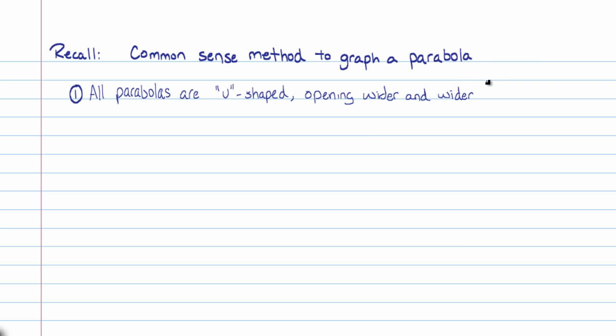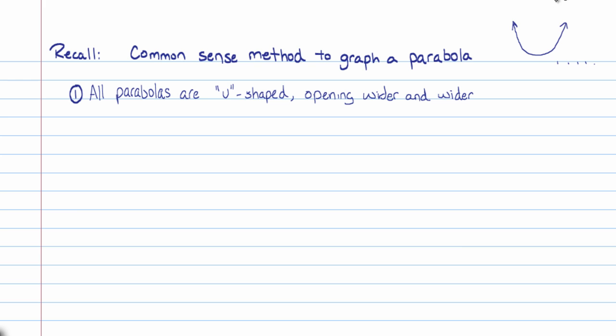The first thing about this common sense approach is just to note that all parabolas are U-shaped and they open wider and wider as time goes on. In other words, you have some parabolas that look like this, and as we keep moving to the right, this parabola keeps moving to the right as well. It keeps opening wider and wider.